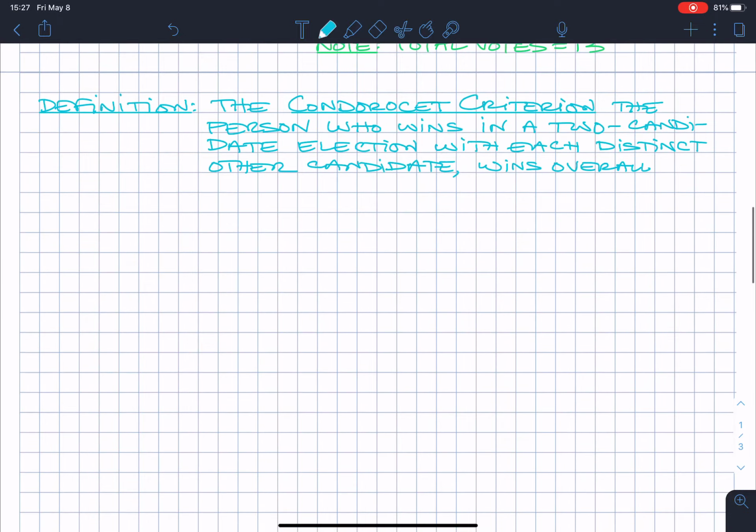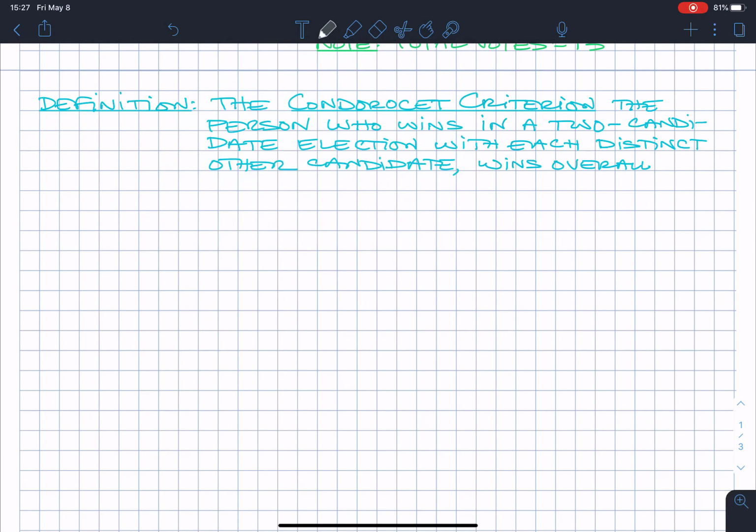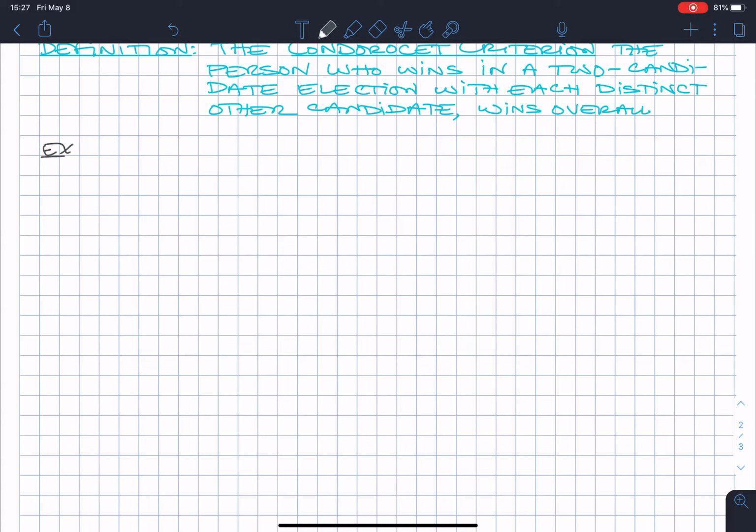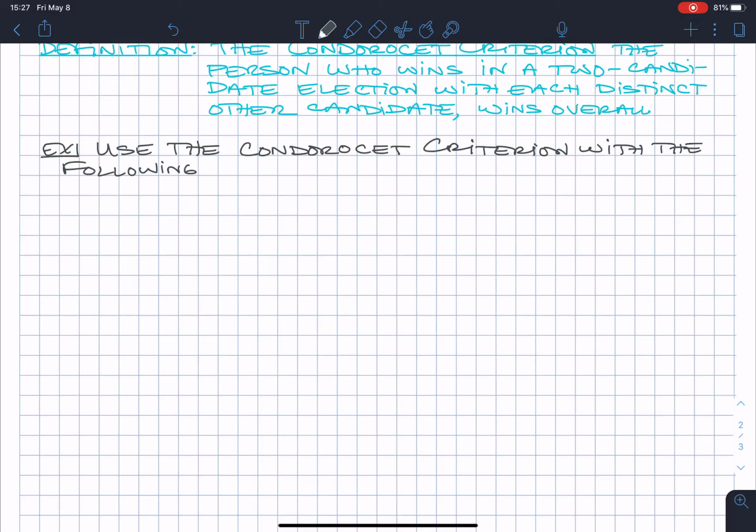Okay, so what does this mean? For example, let's use the Condorcet criterion with the following preference ballot.